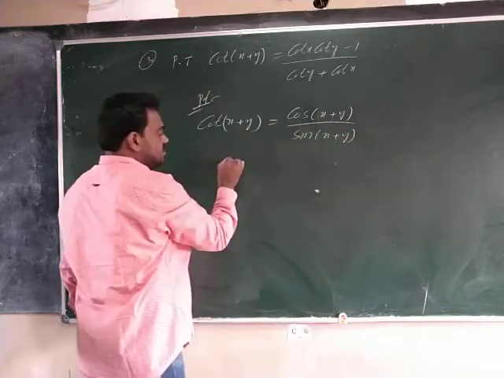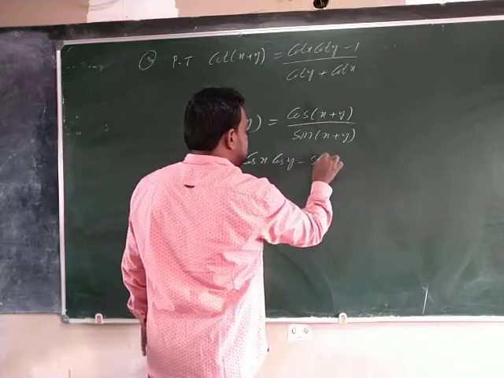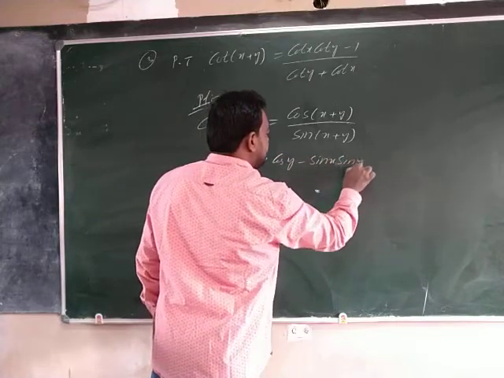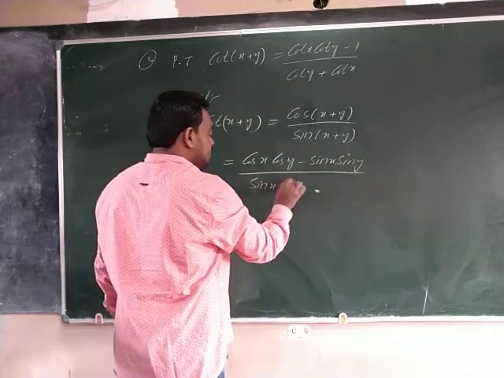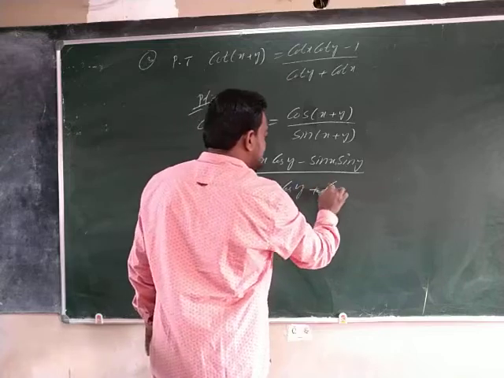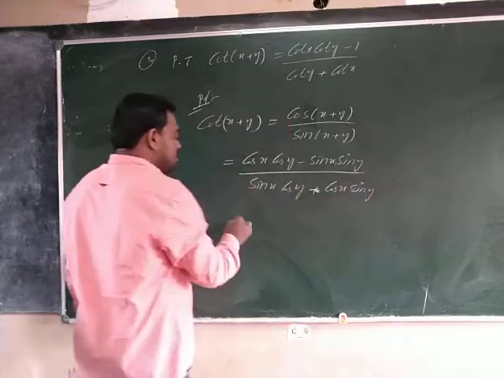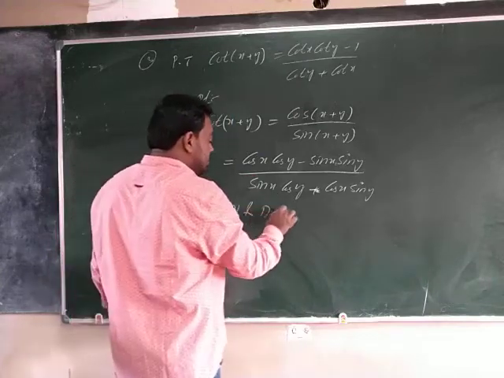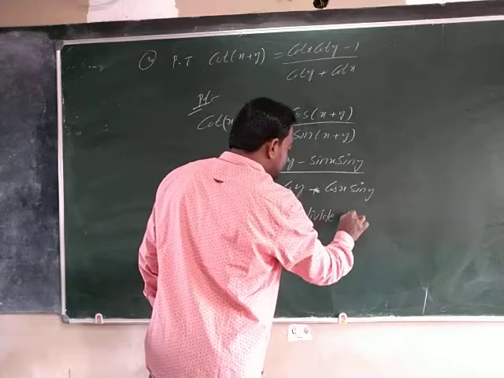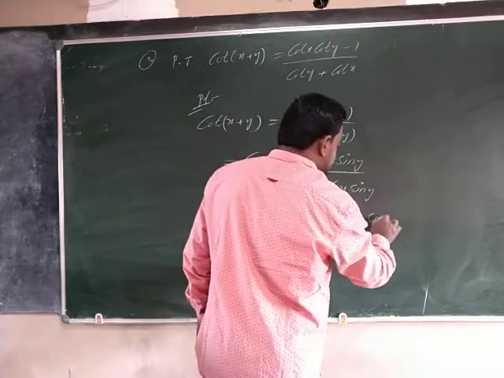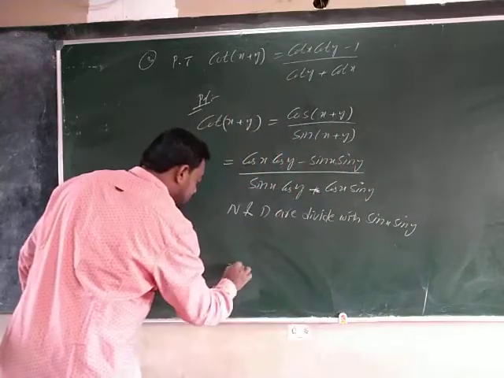You substitute now the cos of x plus y formula, cos x cos y minus sin x sin y, by the sin of x plus y formula, sin x cos y plus cos x sin y. Now numerator and denominator are divided with sin x sin y. Each term we divide now.